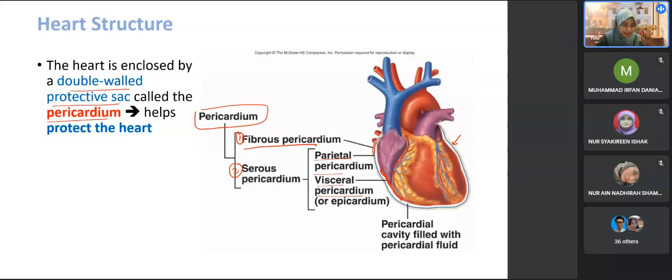In between the layers there is a space, which we call the pericardial cavity. In that cavity there is fluid called the pericardial fluid. This is to reduce friction during the pumping of the heart.